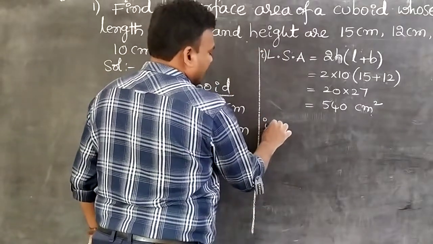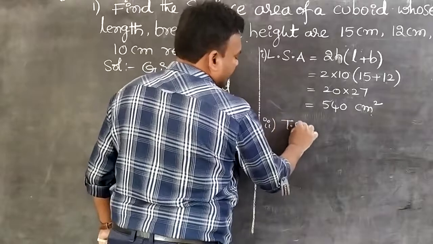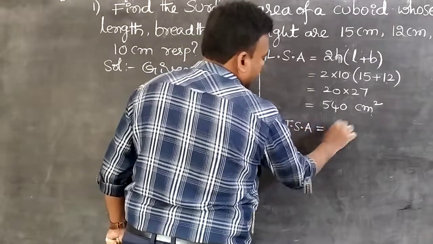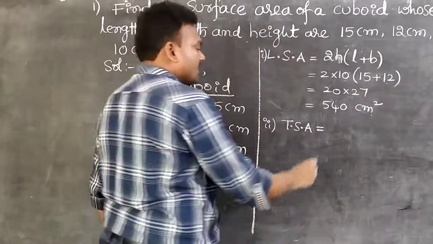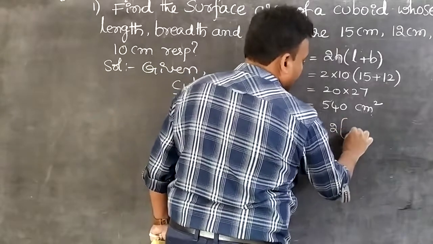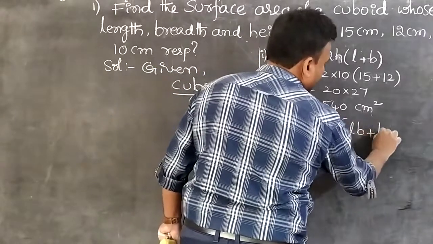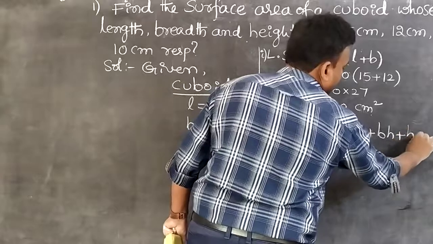And number 2, TSA. TSA equal to, what is the formula? 2 of LB plus BH plus HL.